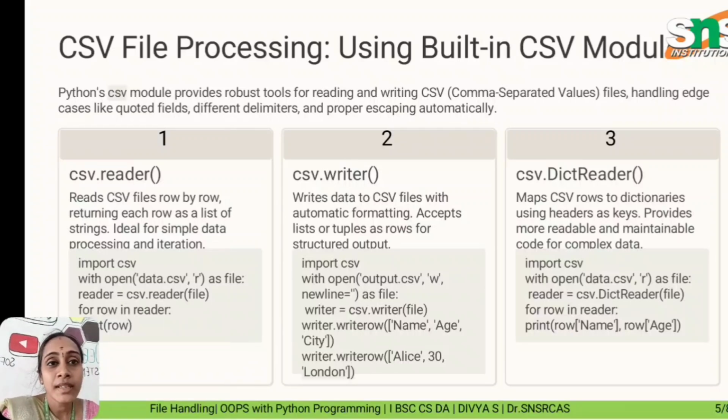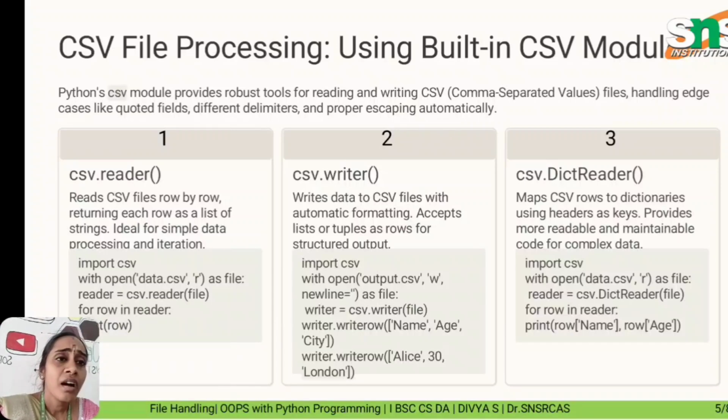So if I am taking csv.writer, it writes the data to CSV files with automatic formatting, and accepts lists or tuples as rows for structured output here. Importing csv the same way, I open the CSV file in writing mode, and writerow of name, age and city. Here writerow takes the values for the particular attributes given here.